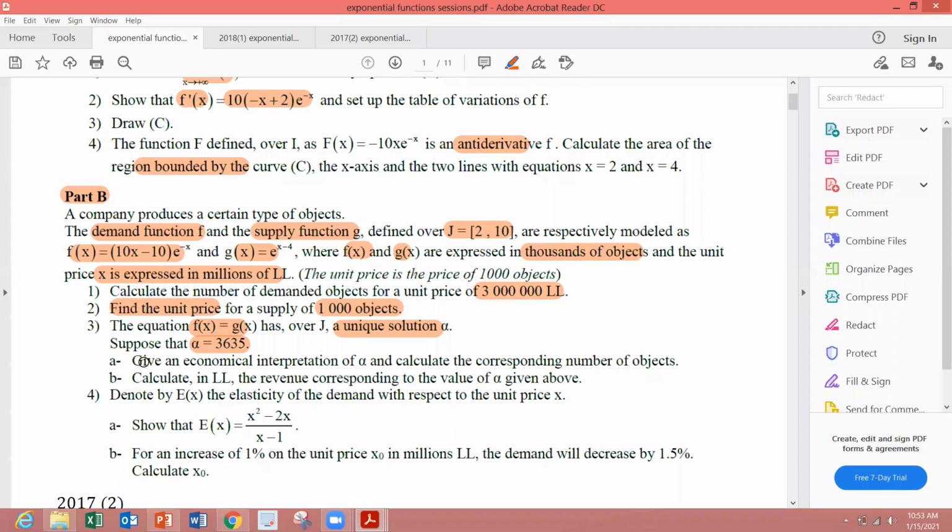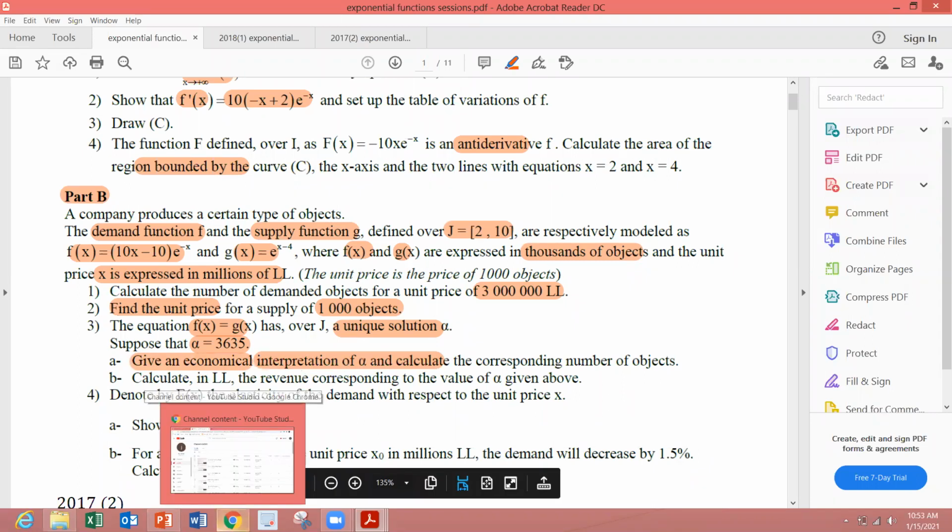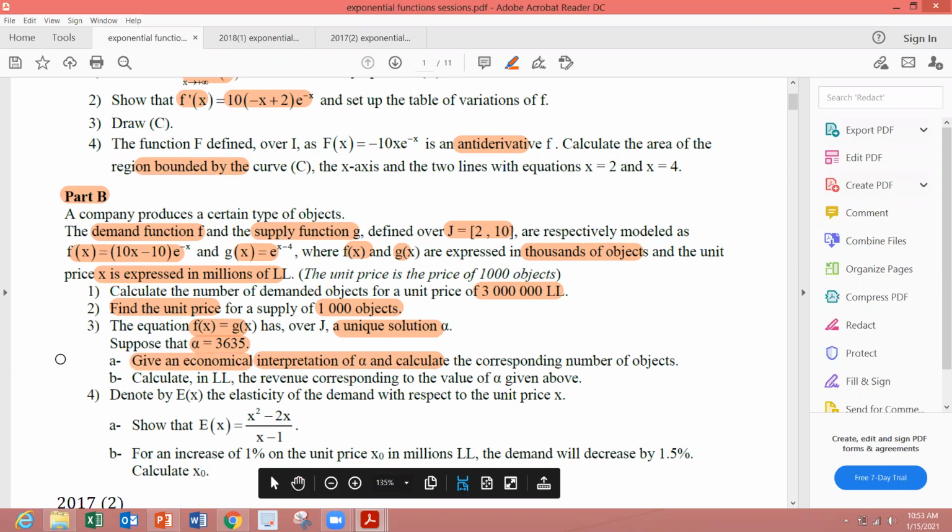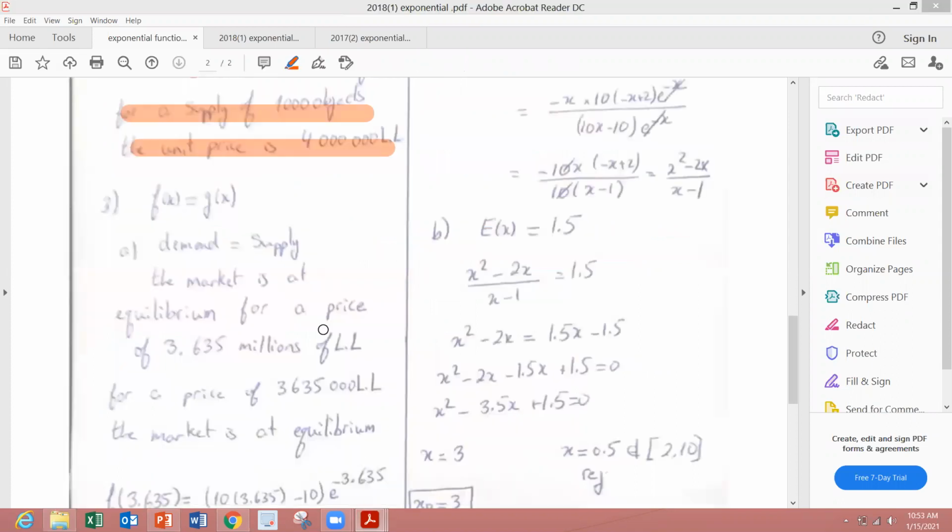Part A, give an economical interpretation of alpha. What is the economical interpretation of alpha? The market is at equilibrium. Why is the market at equilibrium? Because demand equals supply.